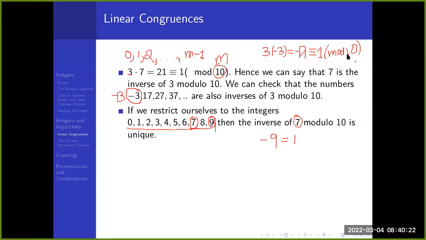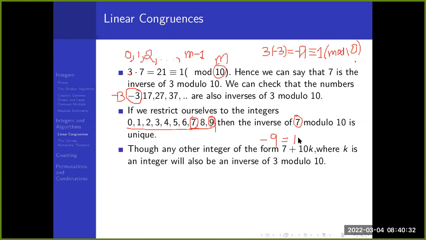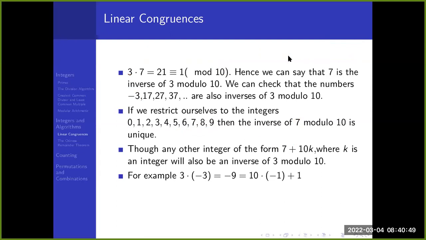So anyway, negative 9 is congruent to 1 modulo 10, because you can write it as negative 1 times 9 plus something. Something is not right. Work this out. I want to move on to the next section. Just work it out that negative 9 is congruent to 1 modulo 10.